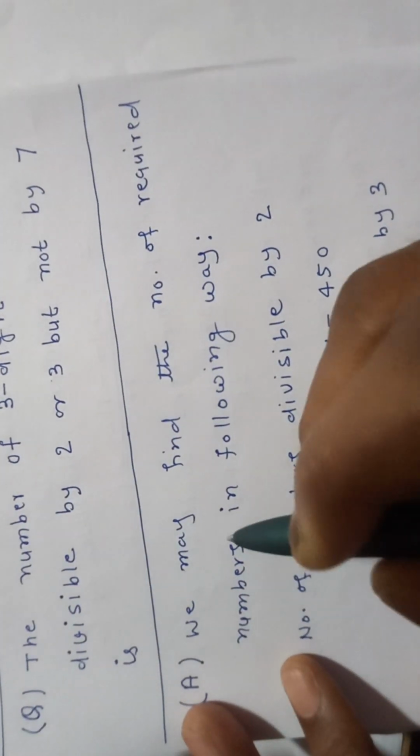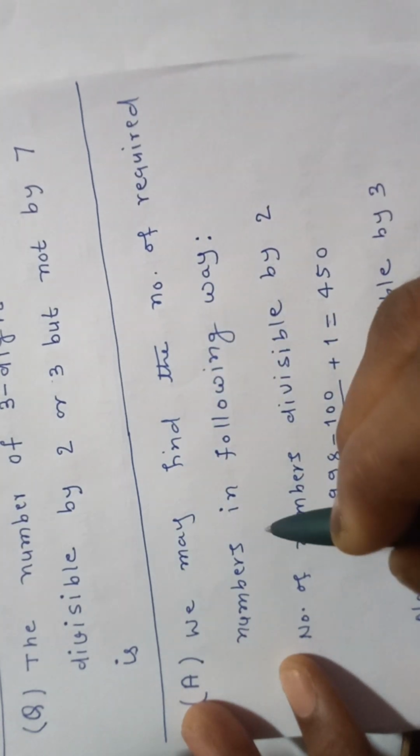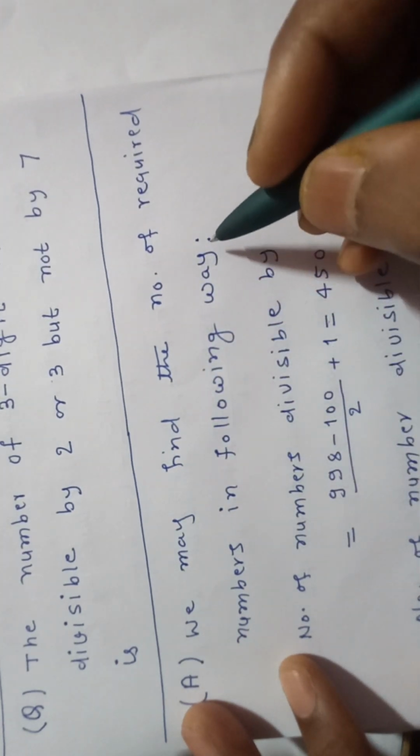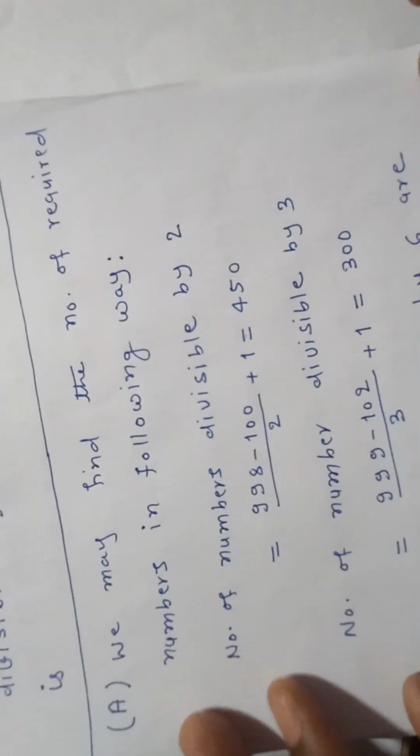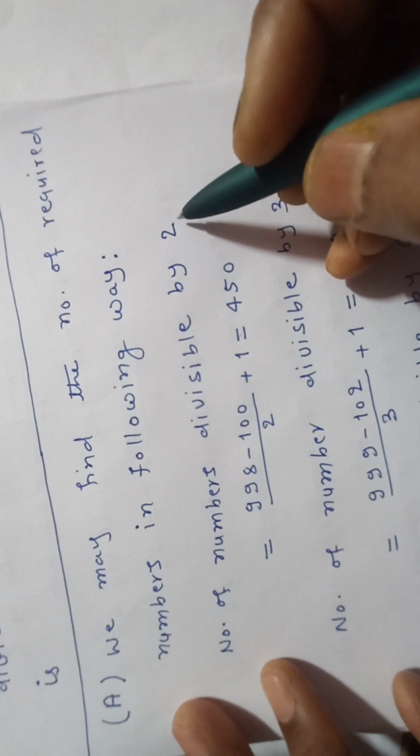The answer is, we may find the number of required numbers in the following way. Number of numbers divisible by 2.